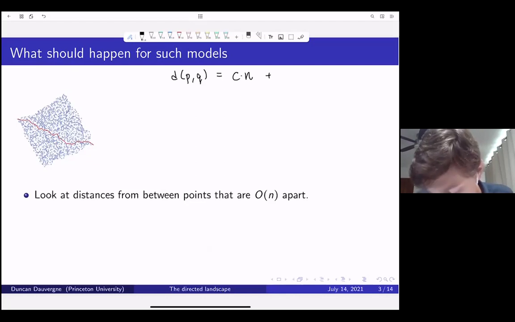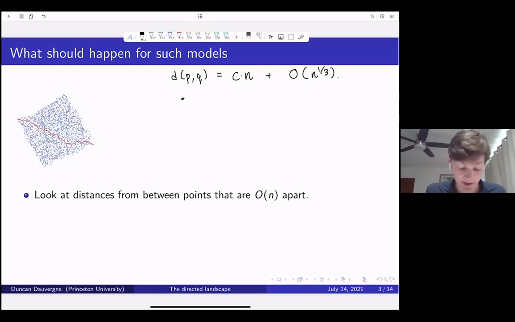Then there's a fluctuation term, which you can check from simulations, and it should be of order n to the 1/3. You'll always see this behavior regardless of which IID weights you choose, as long as you have sufficiently many moments. Slightly more than 5 moments is what you need.